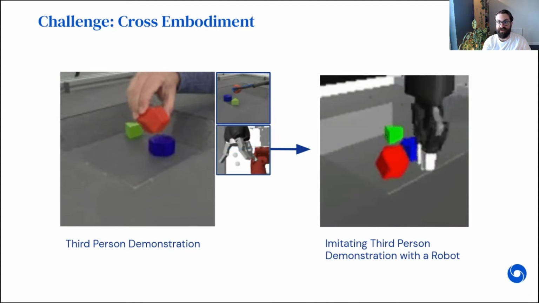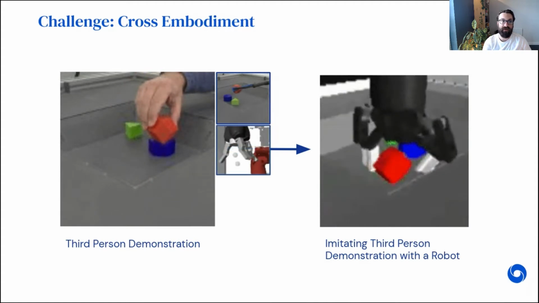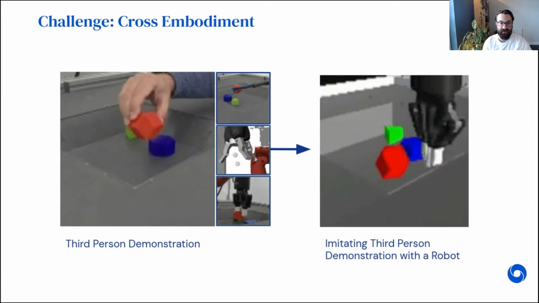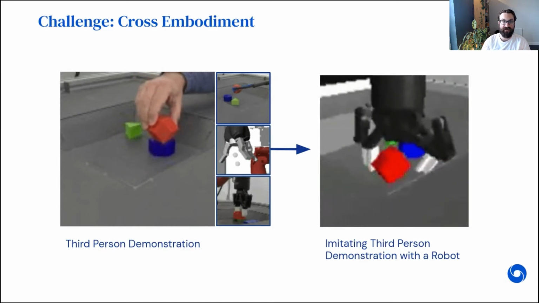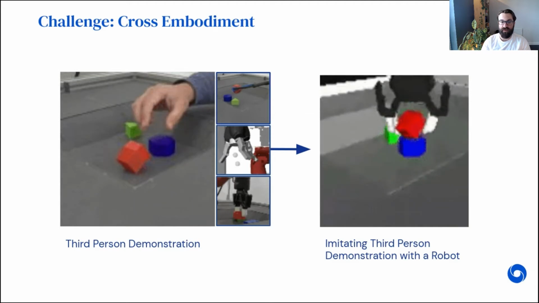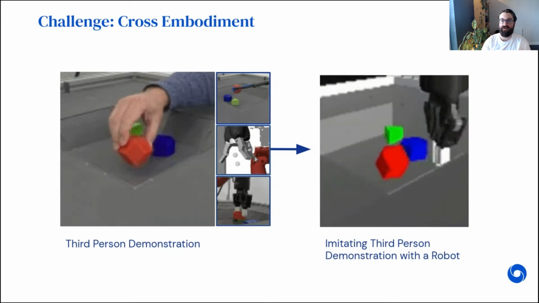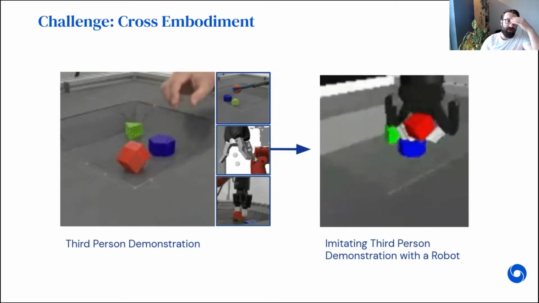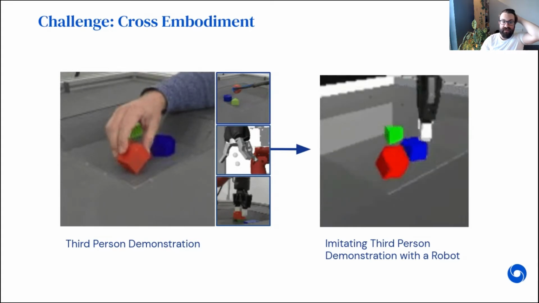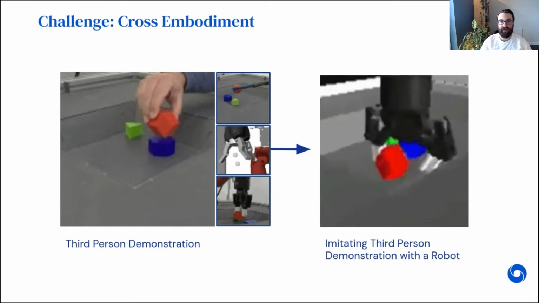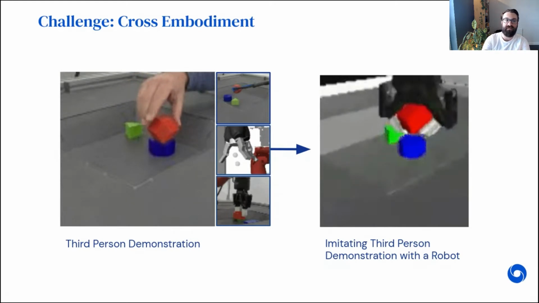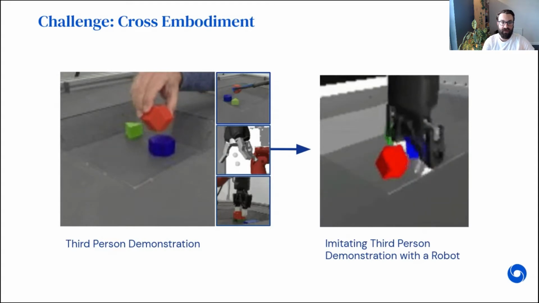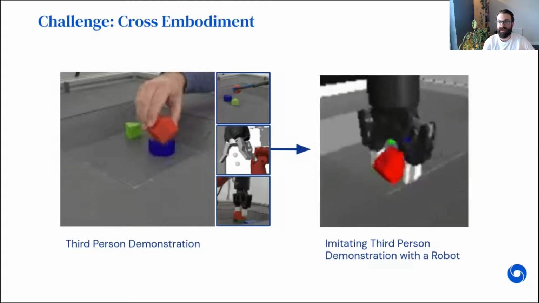We have a three-finger Jaco arm, and we have a real-world equivalent of our simulation environment. So it's a robotic gripper attached to a Sawyer robot in the real world. What we want is our agents to be able to imitate demonstrations collected with any of these embodiments and actually be agnostic to what embodiment was used, and where these demonstrations are coming from.